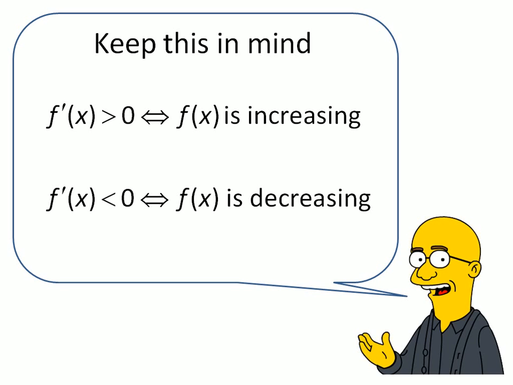Likewise, if we see f of x increasing, we know that the derivative is positive. Now, on the other hand, if we're looking at a graph of a derivative and it's below the axis, we know that f of x is decreasing, and vice versa. If f of x is decreasing, we know that the graph of the derivative will be below the axis.